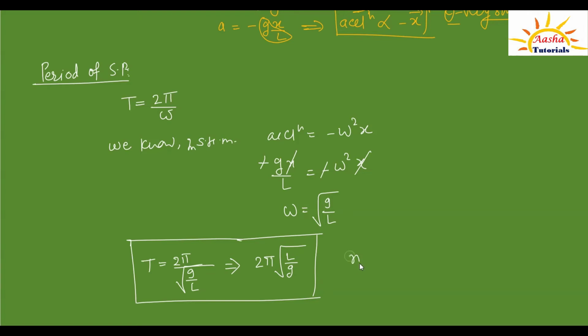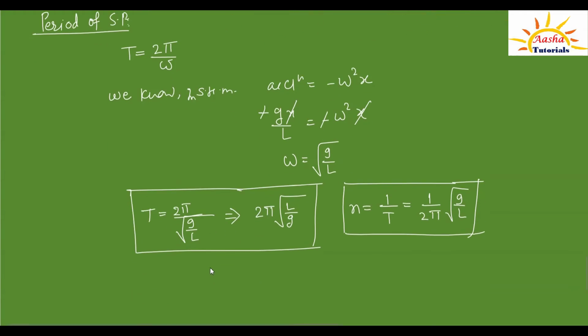The frequency of the pendulum is the reciprocal of the period, so we invert this, and it will be 1 upon 2 pi root of g upon L. This is the formula for the frequency of a simple pendulum, and this is the period of a simple pendulum. I hope you understood how to find these.